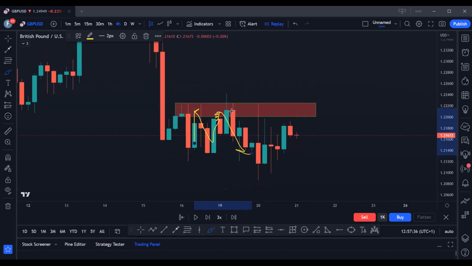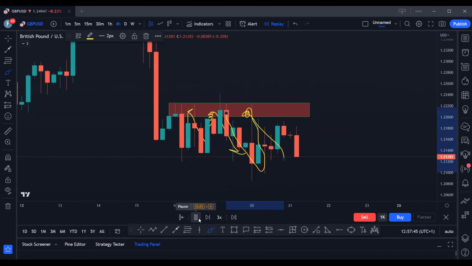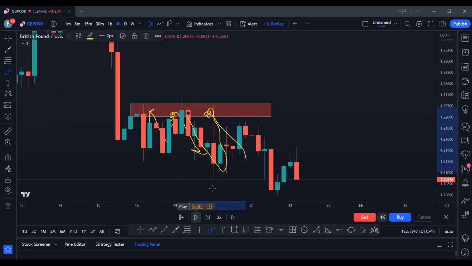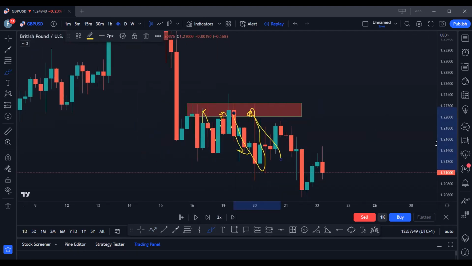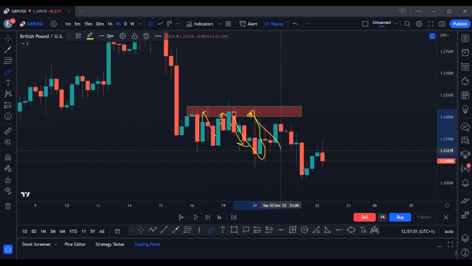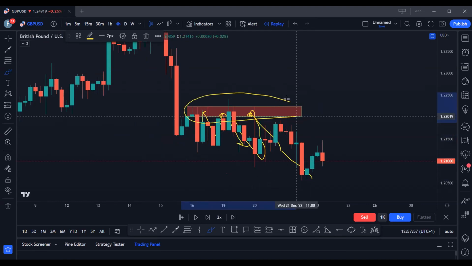Ultimately, you can see price dropping a bit from here. Price came back to the zone. The third time, it dropped again. Okay, so that particular resistance zone was very, very strong. And then ultimately, it moved price all the way down. So one way or the other, your entry would have kicked off somewhere here, and then you would have been able to take entry for a sell.